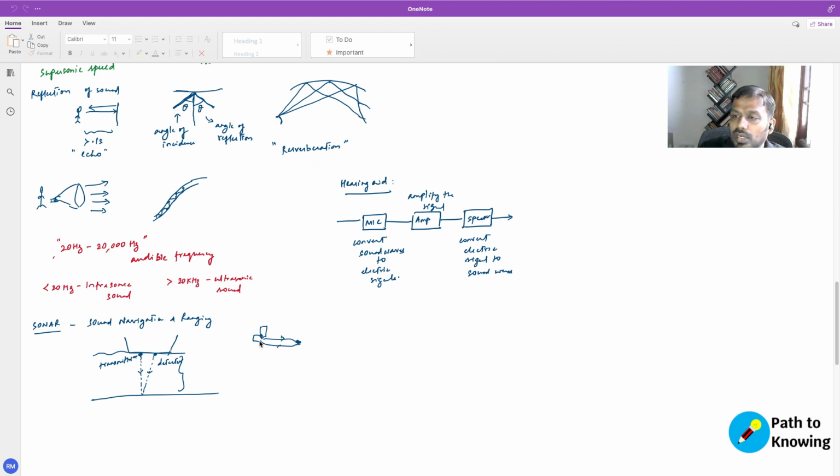Think about this as a bat, and this is an insect. The bat would emit an ultrasound wave, and based on the reflection that it hears back, it will be able to detect that sound and exactly pinpoint where that insect is. So bats use that. And there is a wide range of uses of ultrasound waves coupled with this property of reflection.